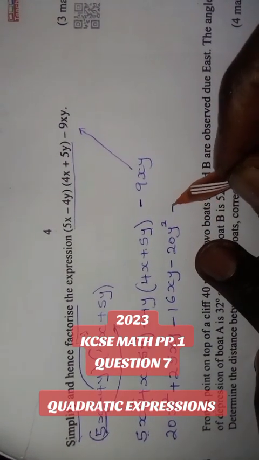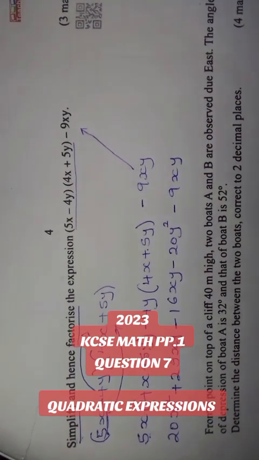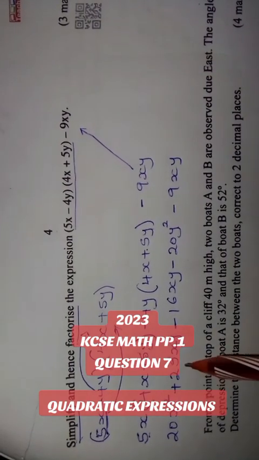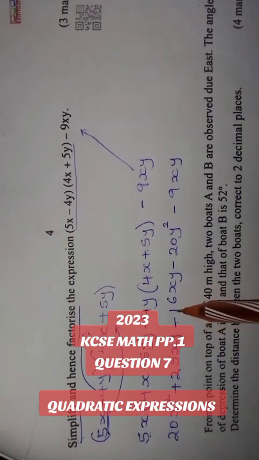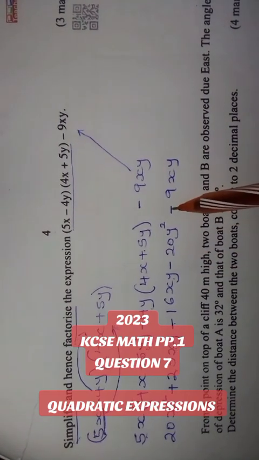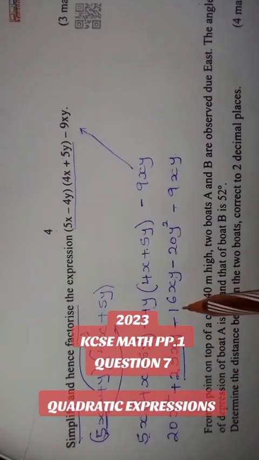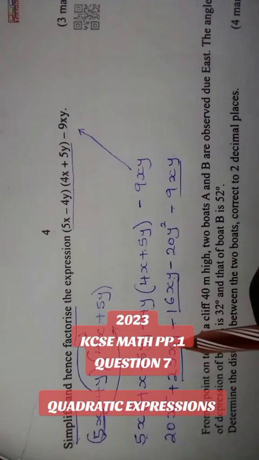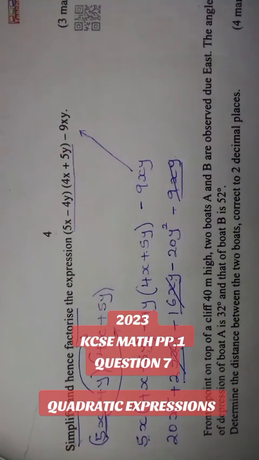Then I add on the final expression there. So here I'm going to collect the like terms. I realize that 25xy minus 16xy gives 9xy. If I again subtract 9xy, because they are like terms, you realize that it's going to be 0, so I cancel because that is 0.